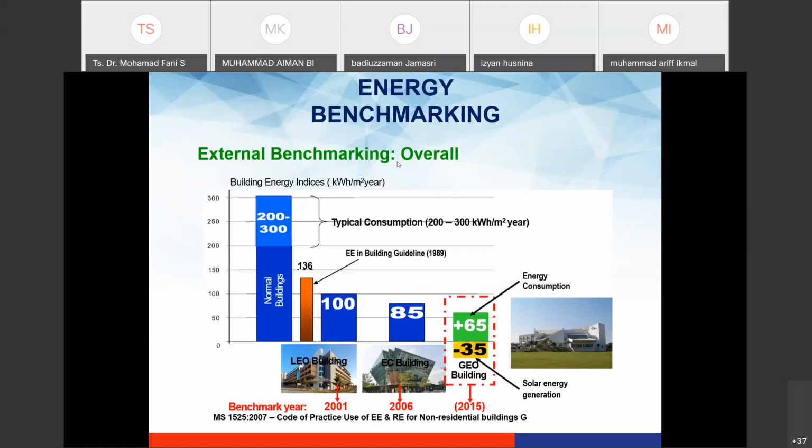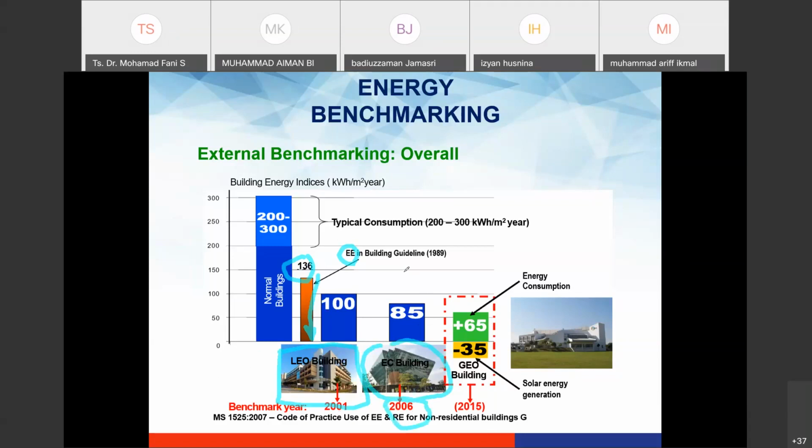Benchmarking, so external benchmarking for the overall. This one is an example in a guideline for the energy efficient building. For a building that measures 136 and below, they can be an energy efficient building. The LEO building in Putrajaya, 2001, the energy conservation building, the diamond one, 2006.